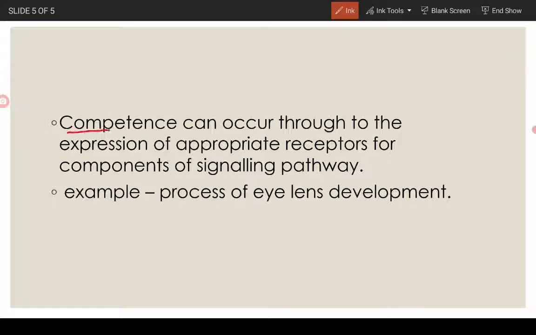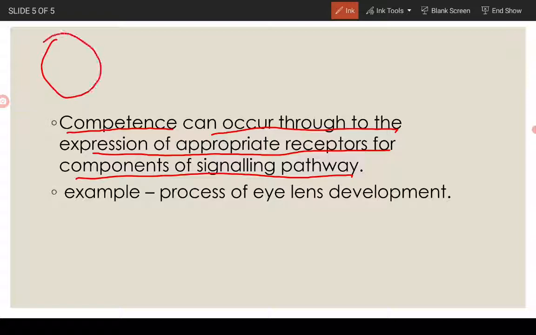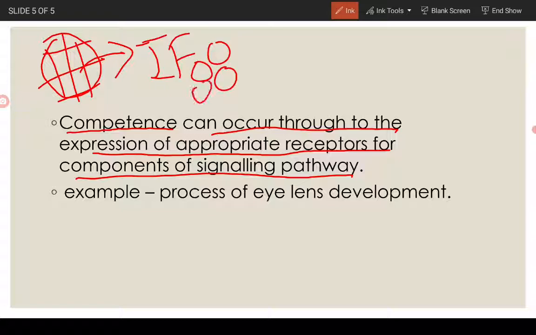Competence can occur through the expression of appropriate receptors for components of a signaling pathway. For example, if there is a group of cells that produces an inductive factor, these chemical molecules are released by this group of cells and go to another group of cells that needs to respond to it.